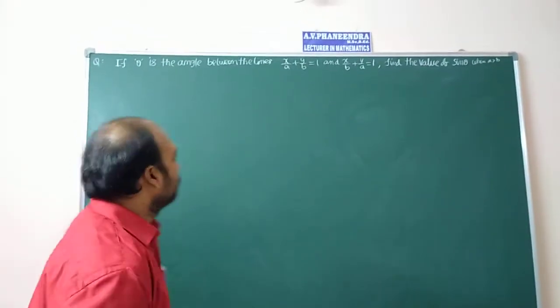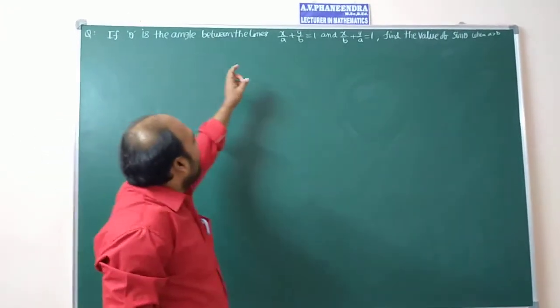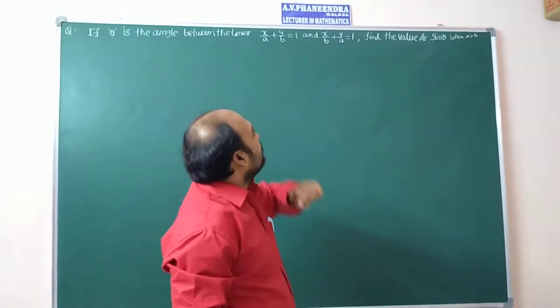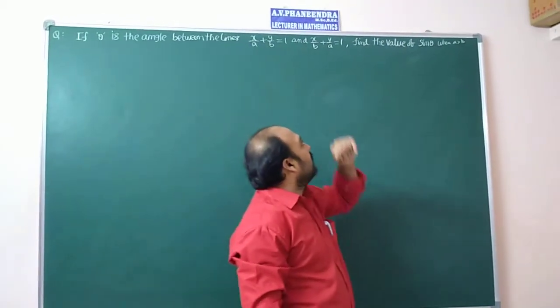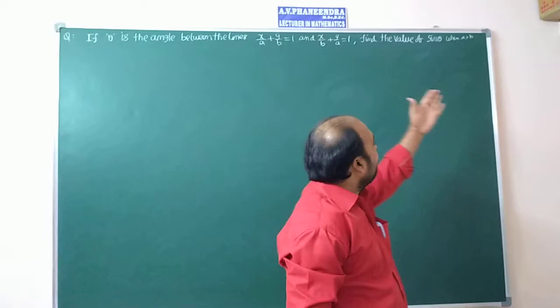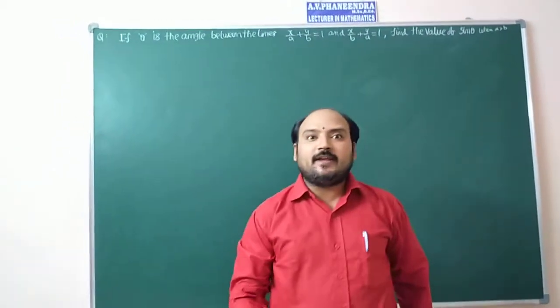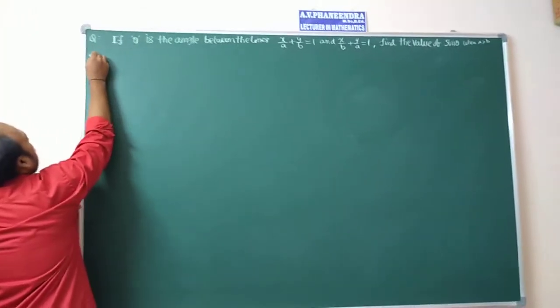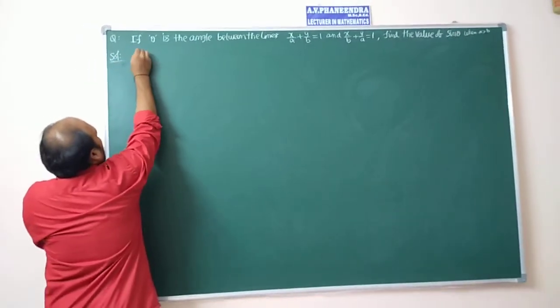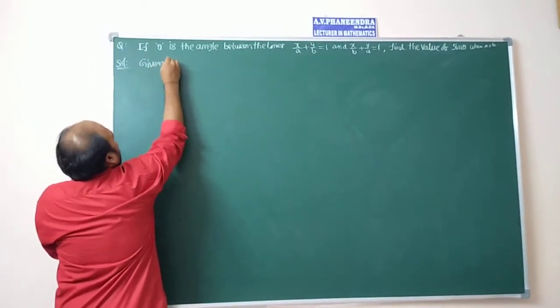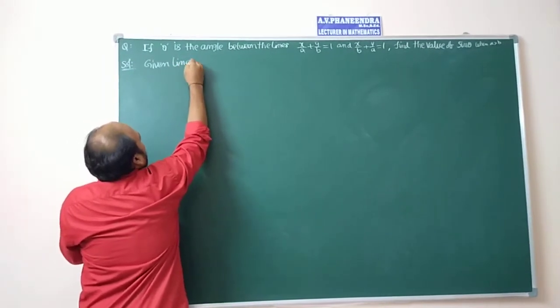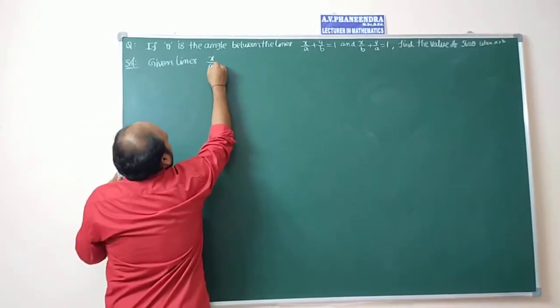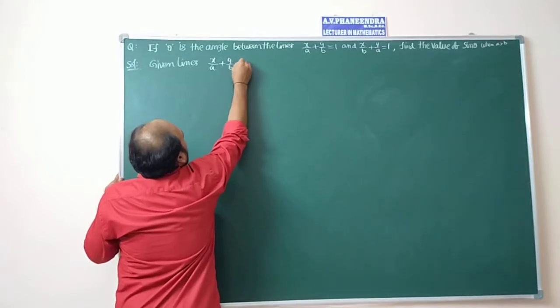Next question. If theta is the angle between the lines x by a plus y by b equals 1 and x by b plus y by a equals 1, find the value of sin theta when a is greater than b. So first you have to write the lines. Given lines, x by a plus y by b is equal to 1.